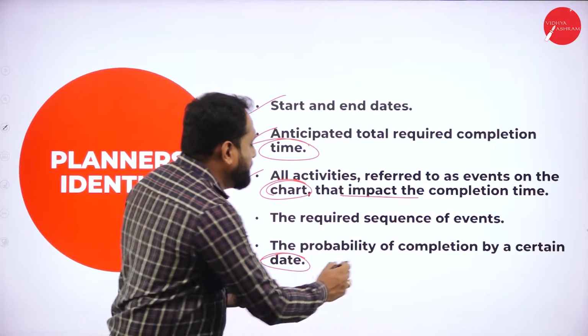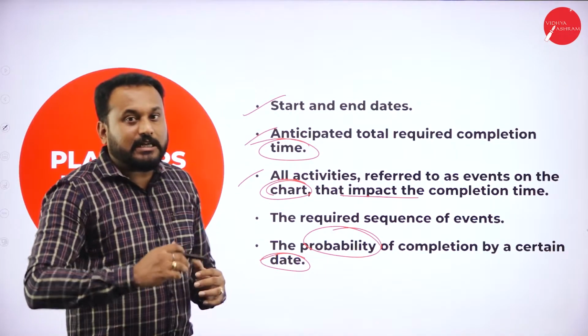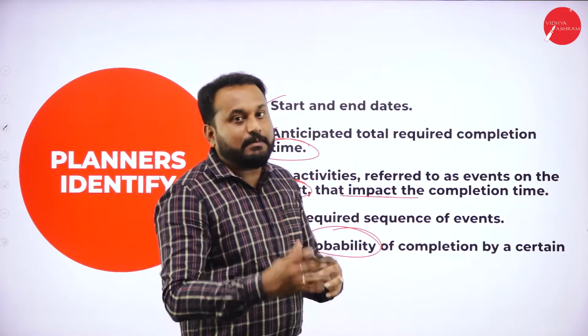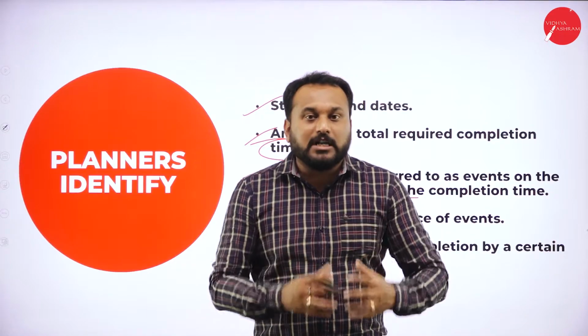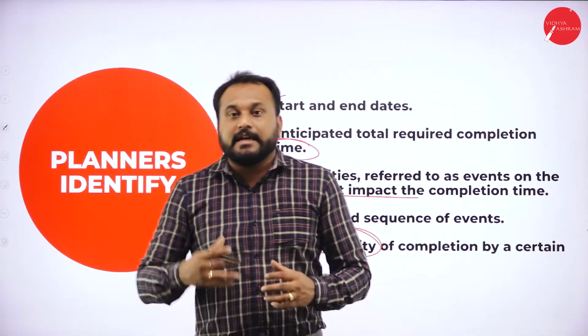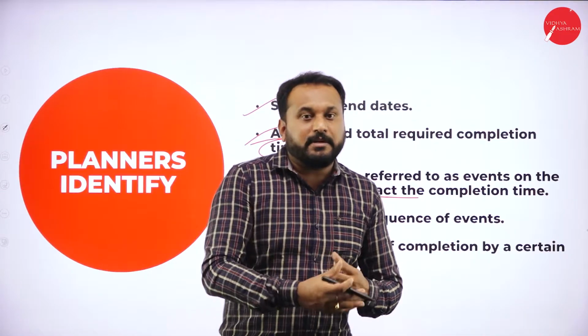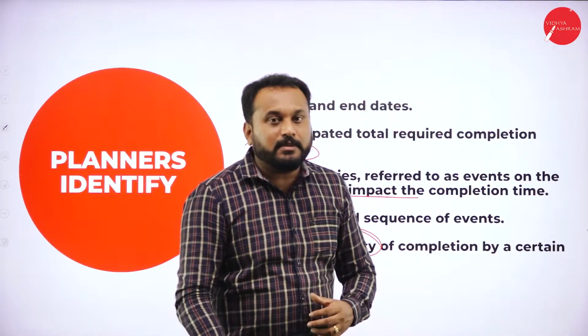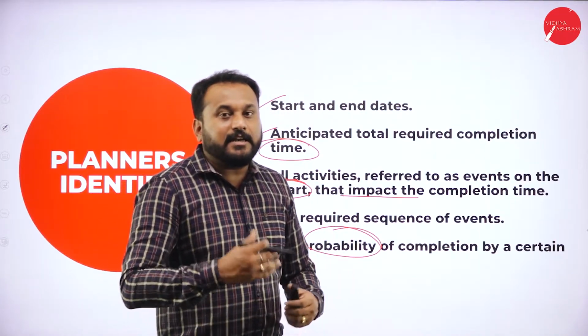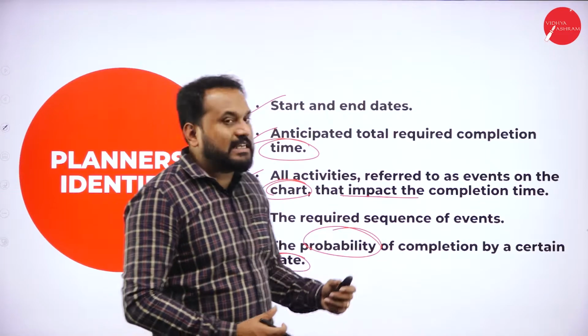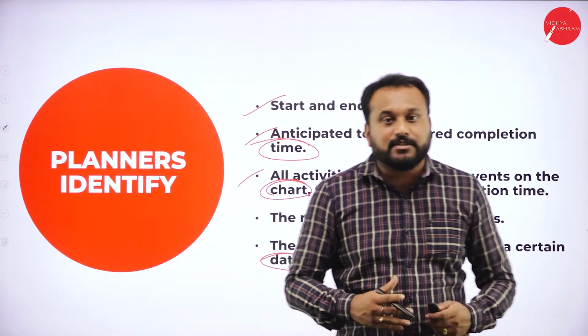So these are the probabilities. Now we can't be sure that only on that particular time we're going to complete it, because life is uncertain, business is uncertain, project's completion is also uncertain. It can happen because of micro environment or macro environment. There will be a problem. So at that time, the time will be taken a little more. So these are the identifiers, how they actually go with it.